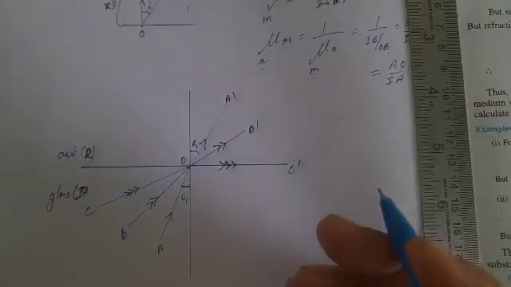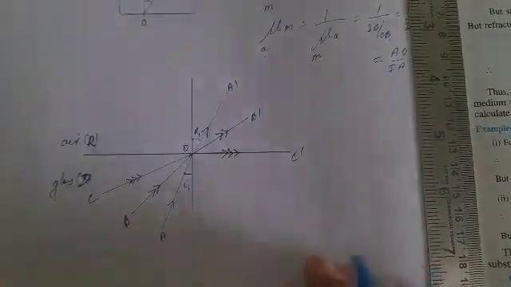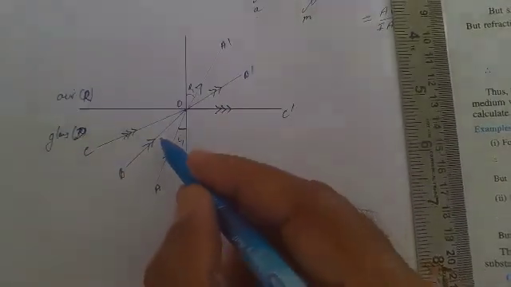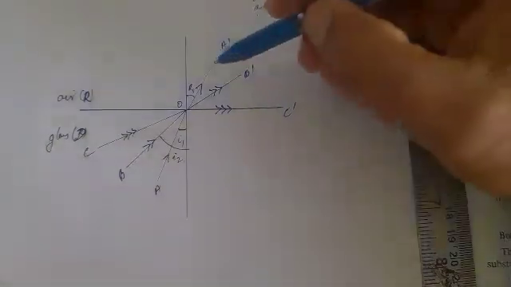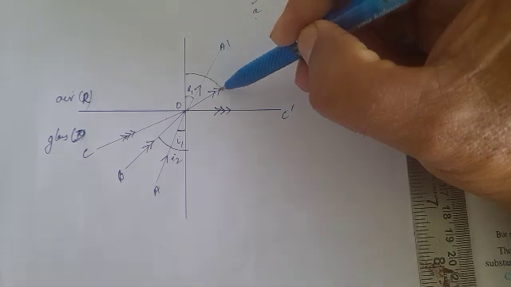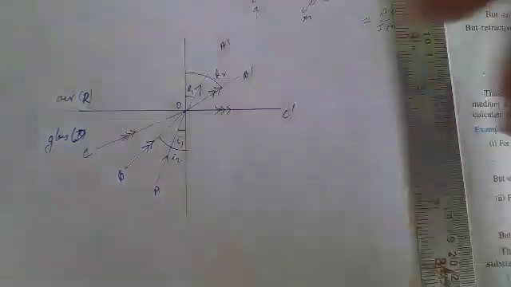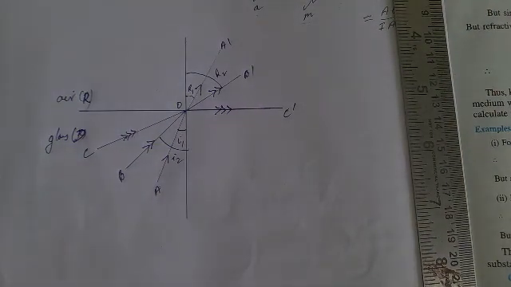Now I increase the angle of incidence, so you get another angle over here, I2. When you increase the angle of incidence, the angle of refraction also increases. You get R2. Now keep on increasing the angle of incidence.